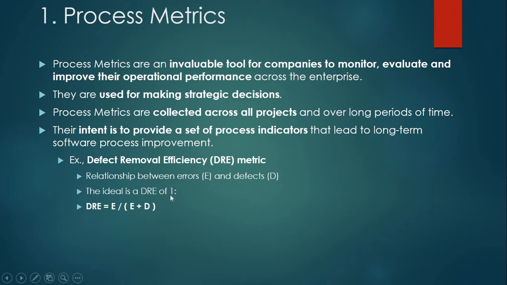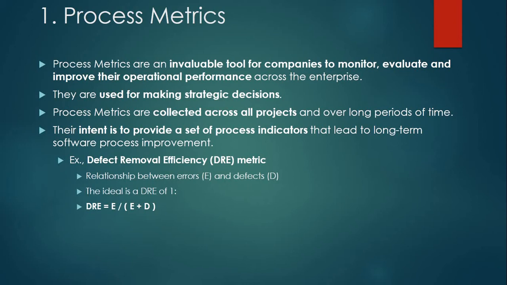The ideal DRE is 1. Here E means error and D means defect. We have already discussed that if a programmer finds a fault in the system at development time, it is called an error.